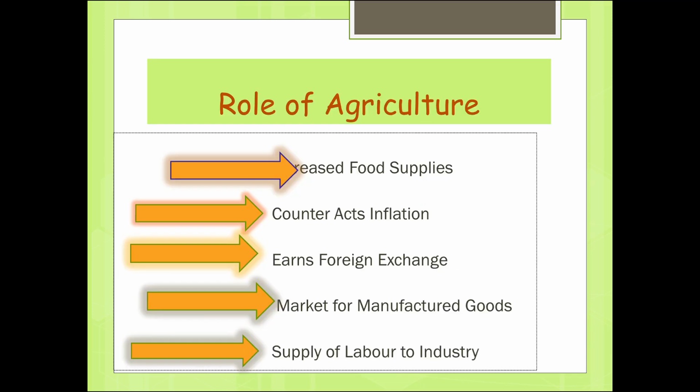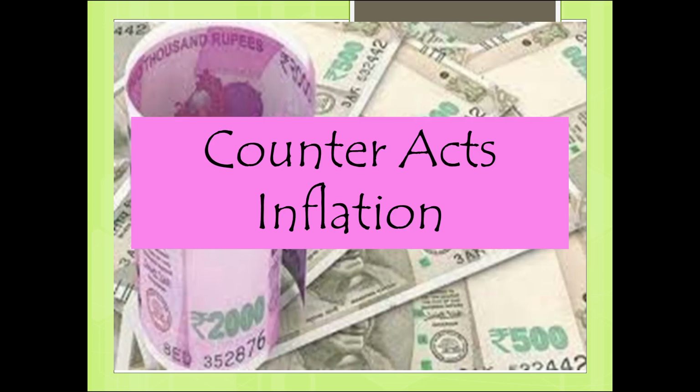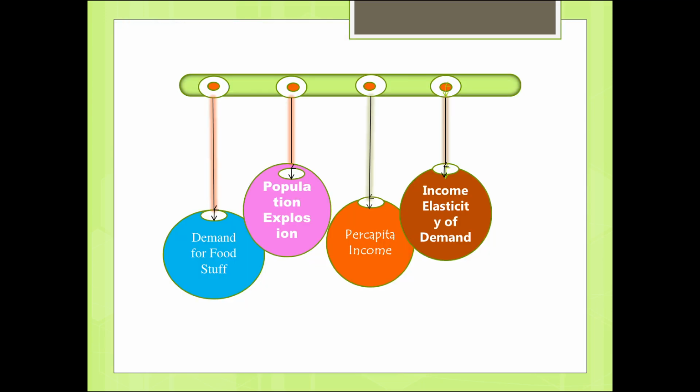Here is the list of roles of agriculture. The first role is to increase food supplies and raw materials. Why does agriculture provide increased food supplies and raw materials? Because of the demand for foodstuff, which arises from population explosion, per capita income, and income elasticity of demand.